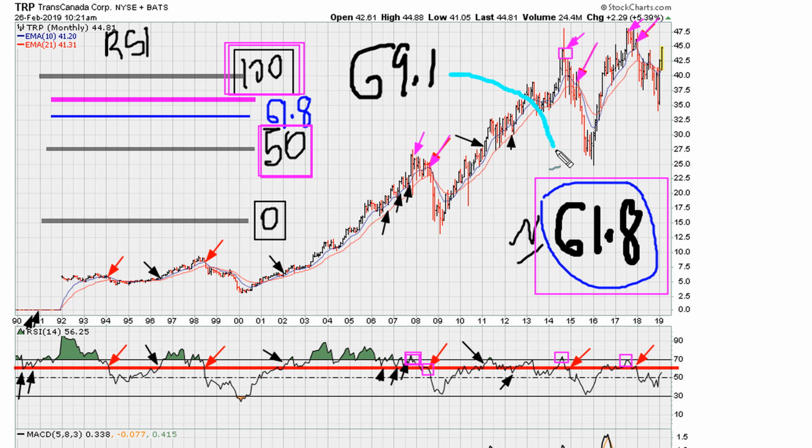I trust that you now understand the importance and the relationship between 69.1 and 61.8.